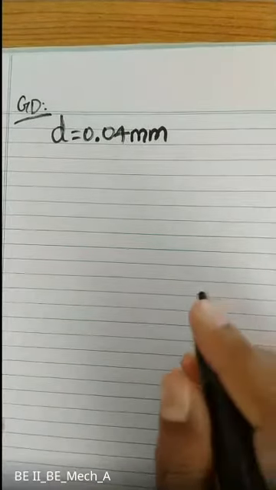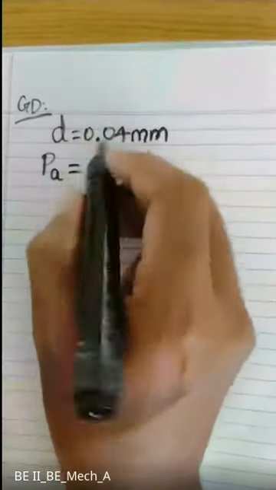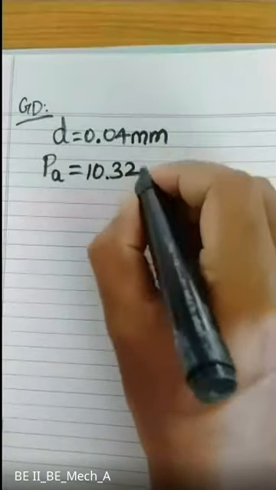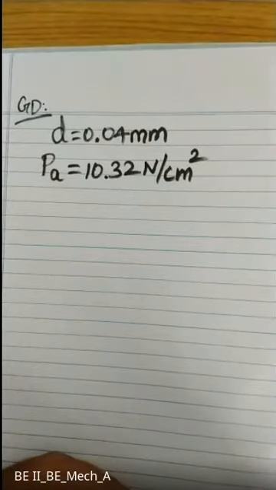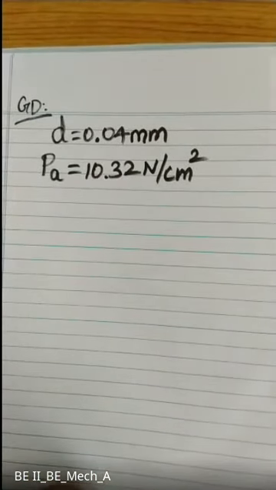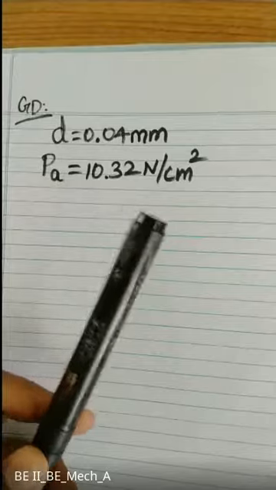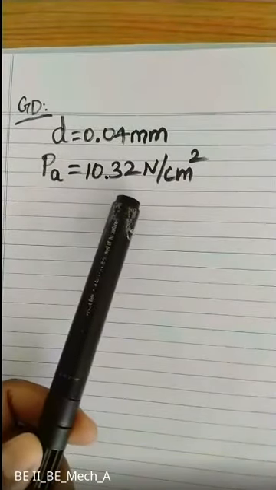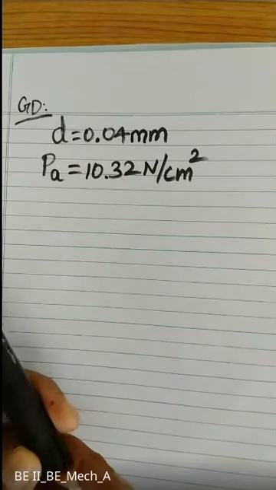But you have to be very careful with this pressure because this is the atmospheric pressure. That is why within the bracket they have provided that it is atmospheric pressure. So you can't use this pressure exactly in the formula. It is clearly mentioned that the pressure outside the droplet of water is 10.32 Newton per centimeter square, so that means it is atmospheric pressure.